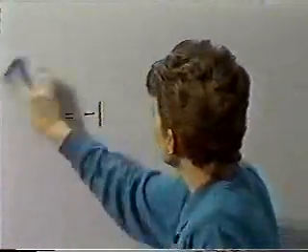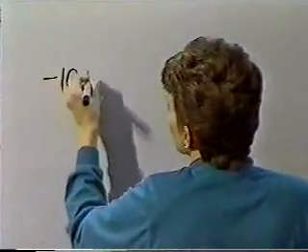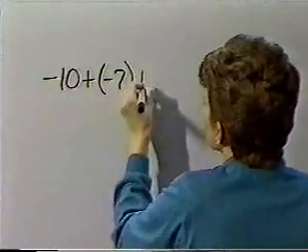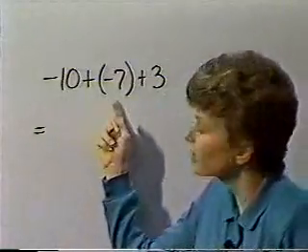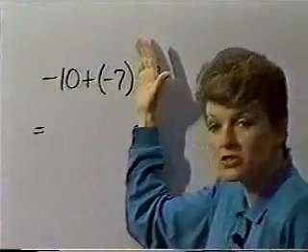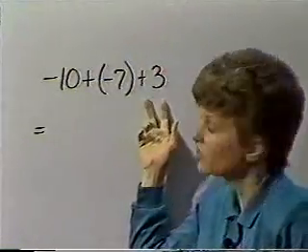One more example, and then we'll go to subtraction. Let's simplify negative 10 plus negative 7 plus 3. I'll begin by combining the first two signed numbers, and then I'll worry about the third number in just a minute.